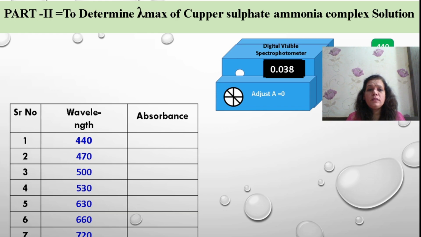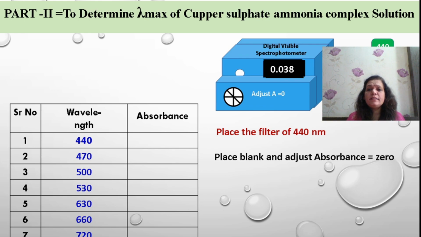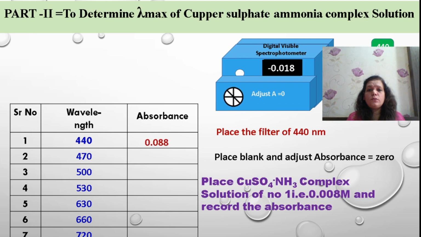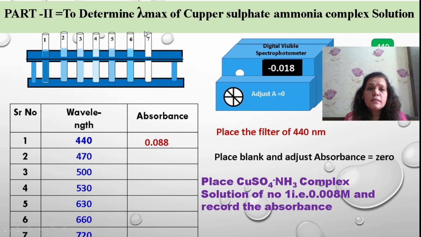When I am using each of these filters, I have to standardize the filter with respect to the absorbance given by the blank. Place the filter first, then adjust the blank to 0. When I am adjusting the blank to 0, I have to put this number 7 solution, the blank solution, in this cuvette holder. I can see what the absorbance is.